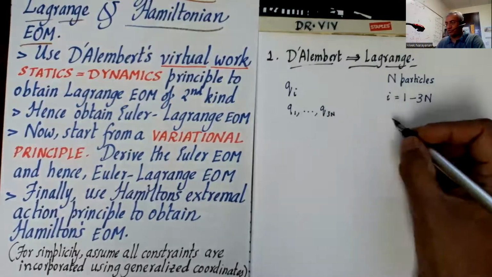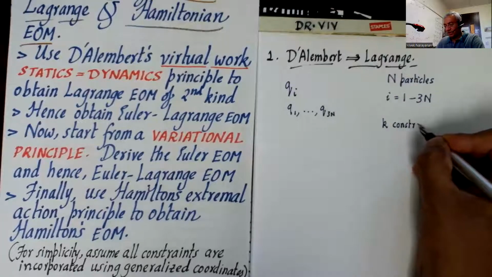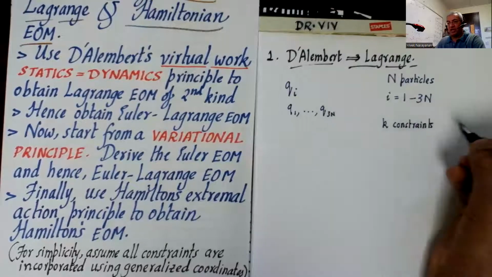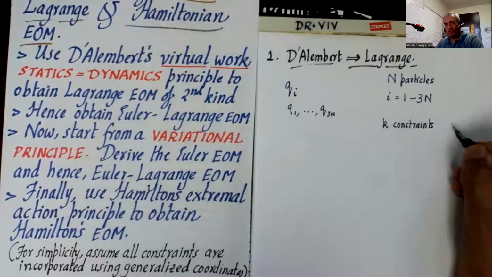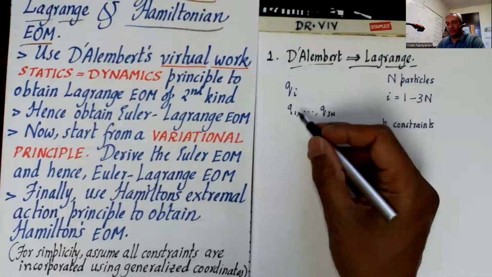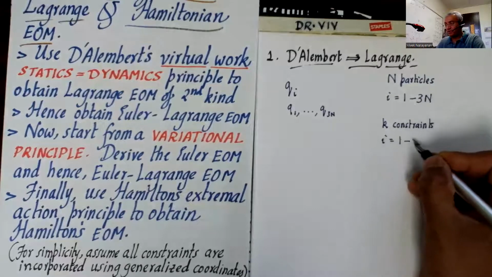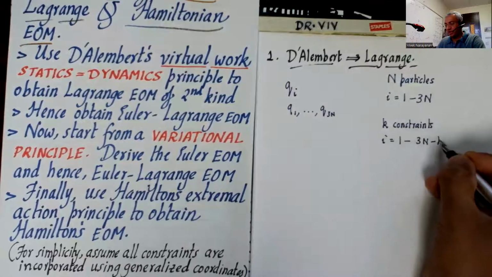If there are constraints, then let's assume there are k constraints. And these constraints have been enforced with the k Lagrange multipliers, and we obtain a reduced system of generalized coordinates. So the i now runs from 1 to 3n minus k.